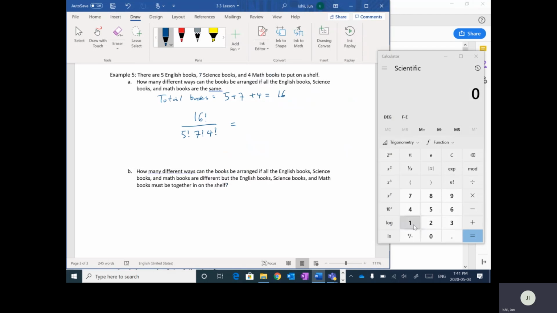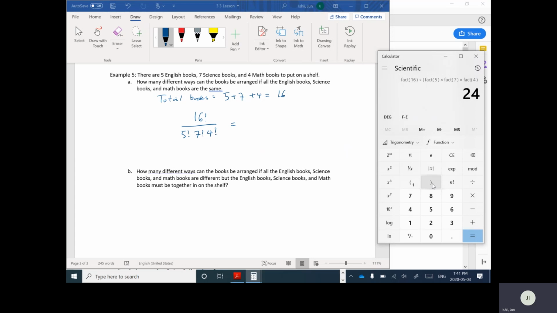Okay, so let's punch in 16 factorial. It's going to be a huge number. Actually, you know what? Let's just do it all at once. So this is 16 factorial, and I'm going to divide it by bracket 5 factorial times 7 factorial times 4 factorial.